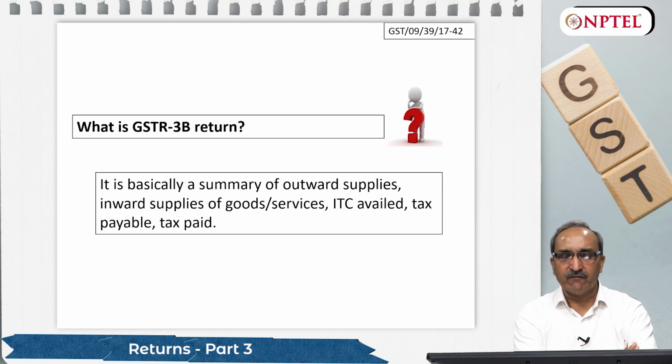One is ITC available on your inputs, that is your raw material, your expenses, and then ITC available against your capital goods. If you have purchased any plant and machinery, then that has to be segregated separately.